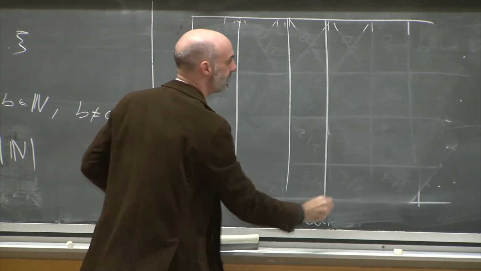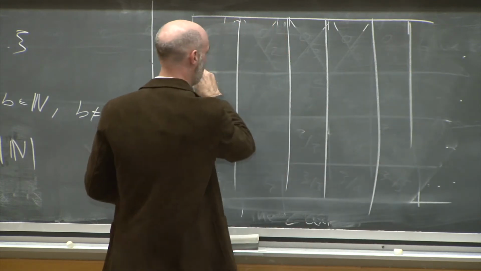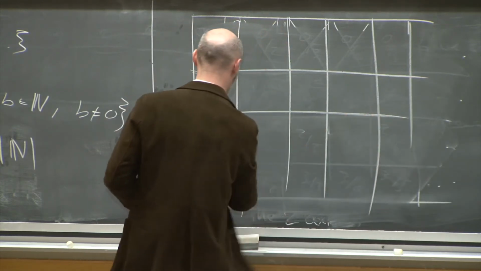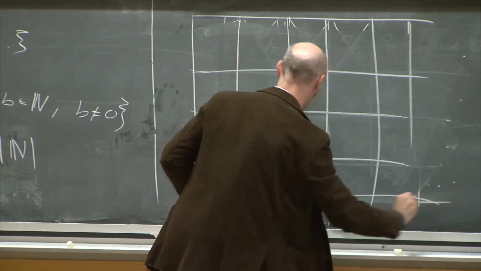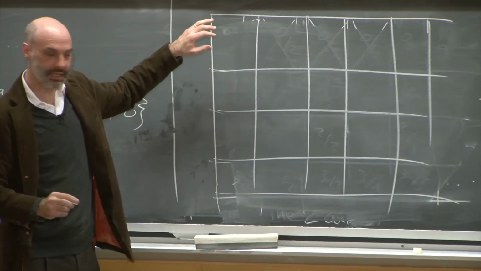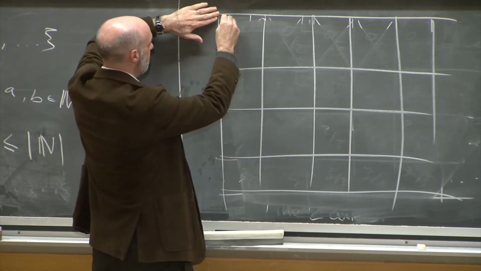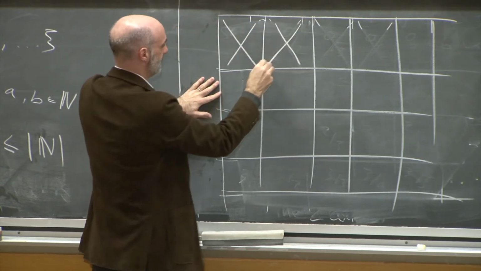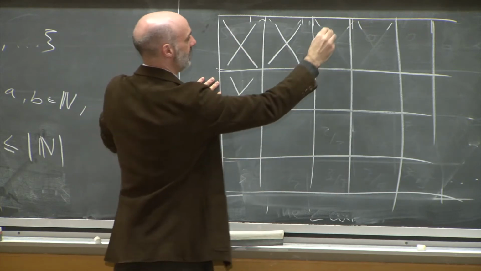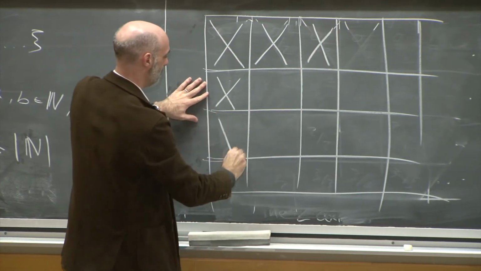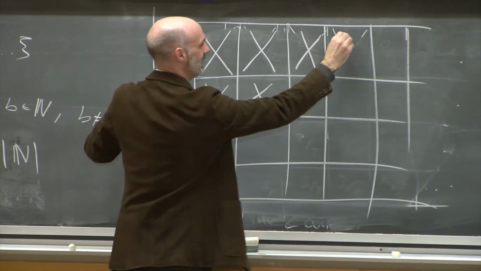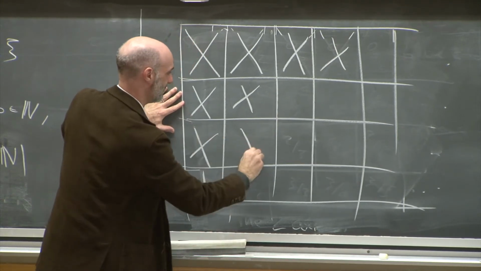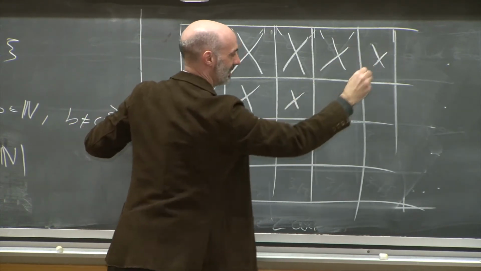I won't write down the rational numbers again. So is this the technique you mean? So you first do this, and then you do that, and then you do this, and then that, and so forth? Oh, there's even another one.